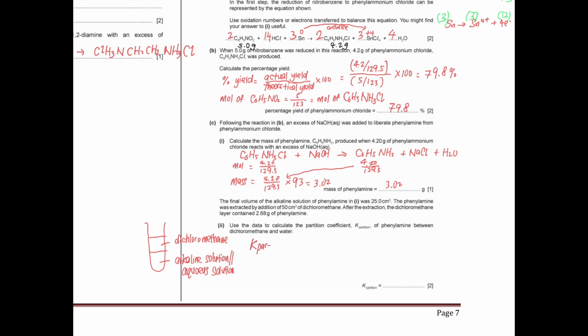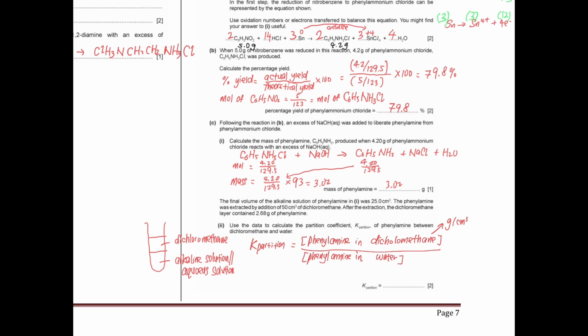K partition is phenylamine in dichloromethane, we use gram per cm cube, over phenylamine in water.